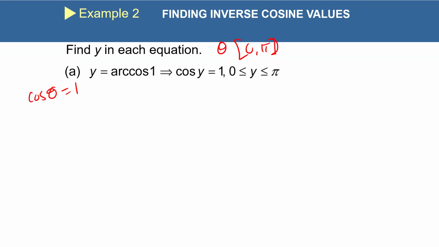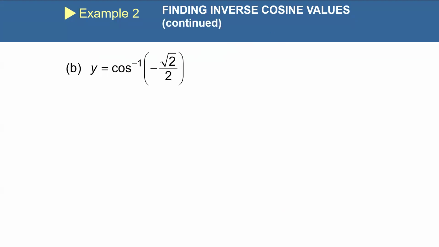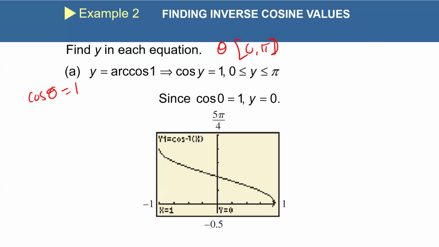Yes. Make sense? Okay, so the cosine inverse is just the opposite of the sine, except it doesn't go through the origin. So when I'm at 1, I am at 0. It's not that bad.